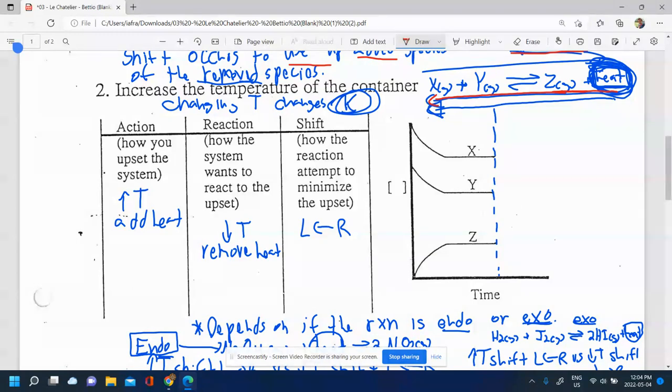So we're going to see that slowly over time, Z will decrease and then stabilize. And that's because it's reacting with the heat to make more Y and X. So that means that slowly over time, Y will increase and then stabilize. And then X will increase and stabilize. And I didn't quite stabilize them all at the same spot.